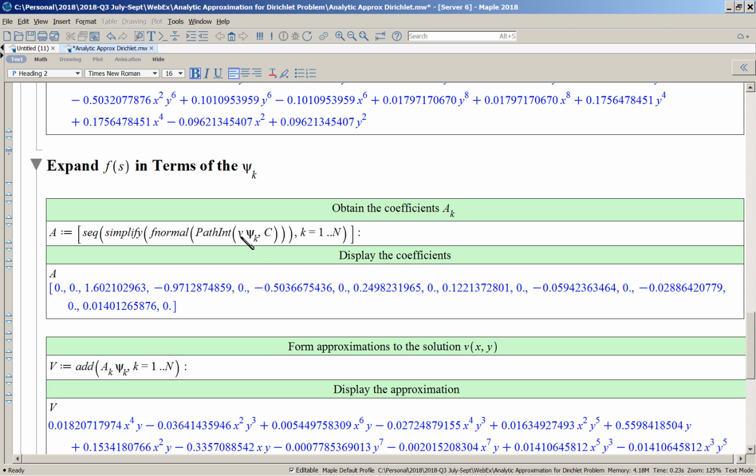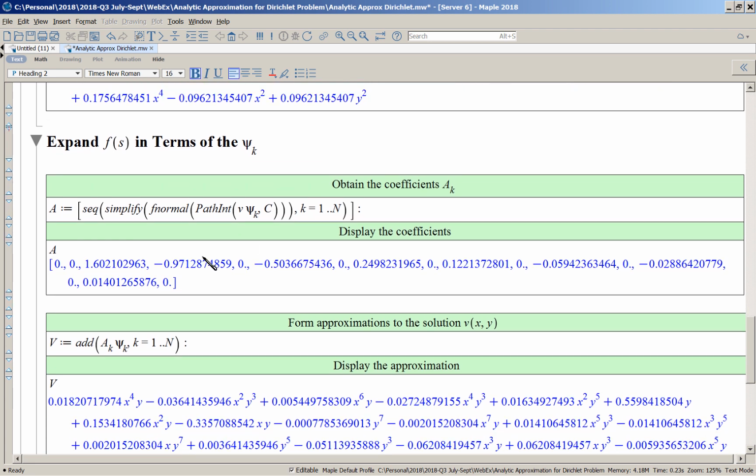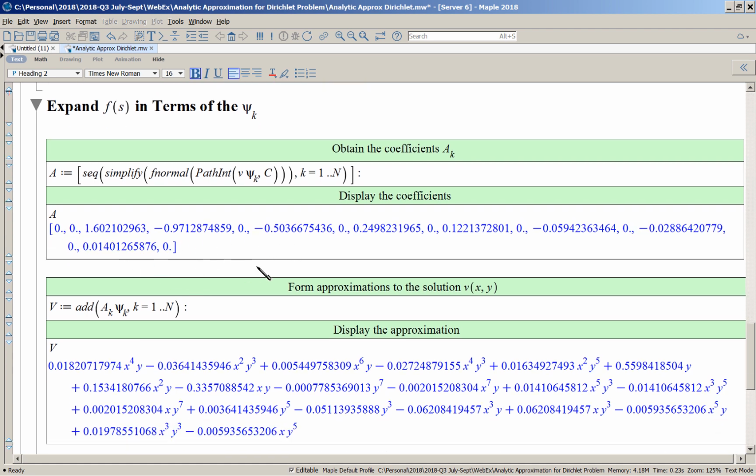Now you notice I did not have to change this to the boundary function, because on the path, Maple's path int does the evaluation of the function of two variables appropriately. And again, this is an illustration of the power of the new suite of tools available to today's worker. Okay, so one gets a list of these coefficients. You notice there are a couple of 0 ones, and then some 0 ones interspersed between.